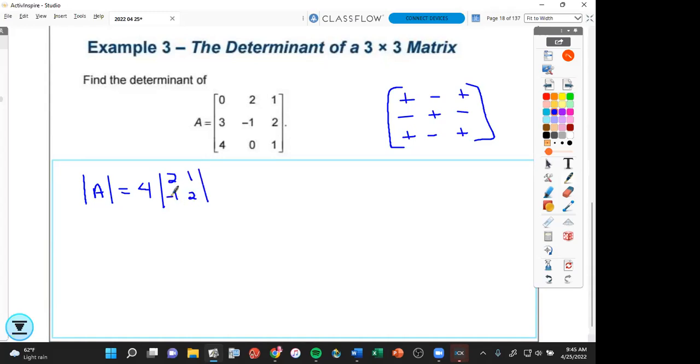The next sign is minus. So minus 0. I know there's no math here, but if I ignored that column and that row, what's left? 0, 1, 3, 2. The next one's going to be plus. That's a 1. If I ignore that row and column, we're left with 0, 2, 3, -1.